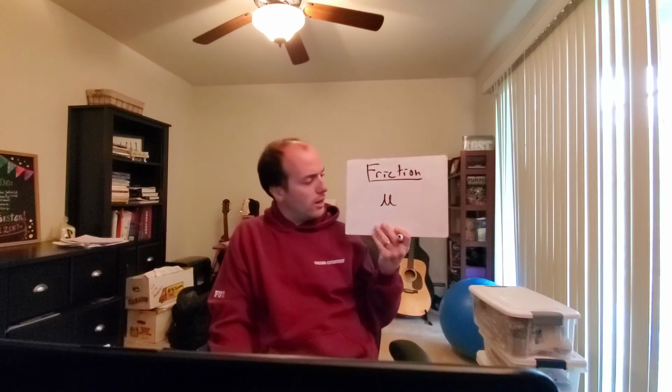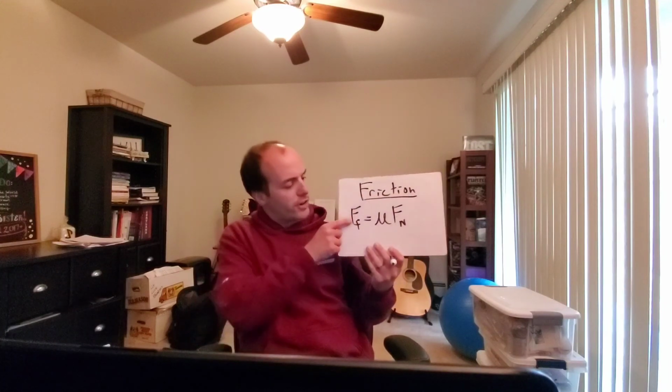That mu is our coefficient of friction. It's just a value that tells you how much friction there is between a couple different materials. So we say our frictional force equals that mu times the normal force. Right? So the amount of friction depends on what those materials are made of and how much force the surface exerts on the object. That's basically it, right?